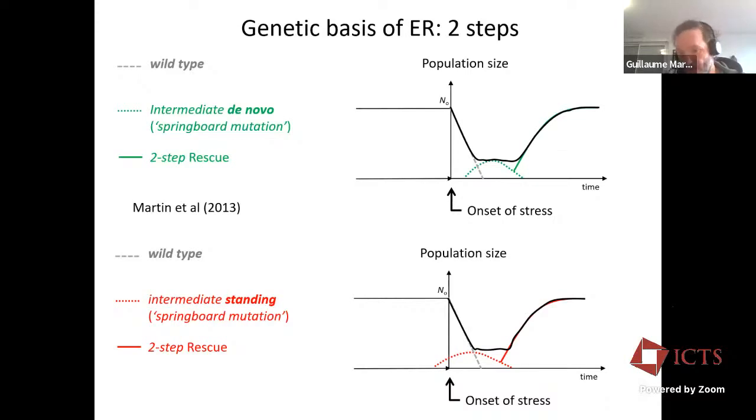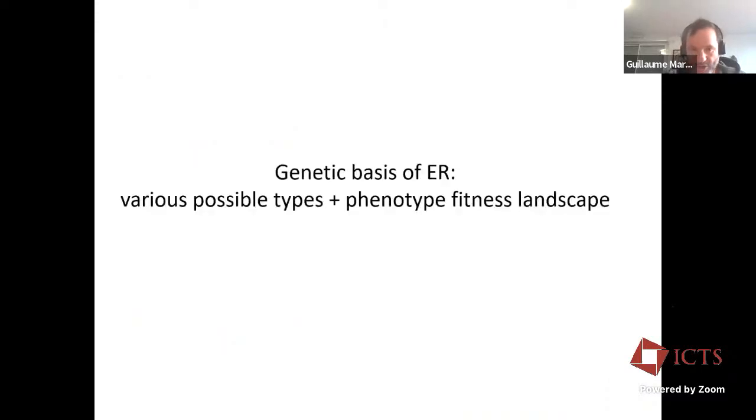So the mutation rate to resistance versus the stress you apply, the growth rate of those resistant mutants, and also the cost they have in the past when it's relevant. So today we're going to talk about the extension of this to have various possible types, and a simple model to derive those mutant types versus stress level, which is a phenotype fitness landscape.